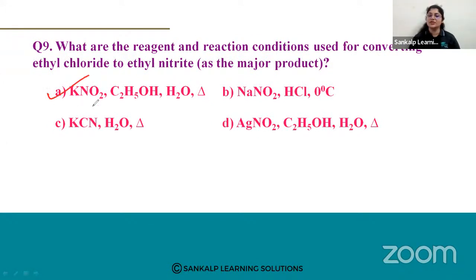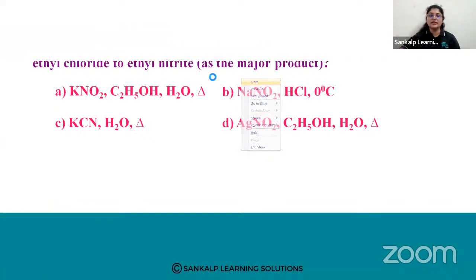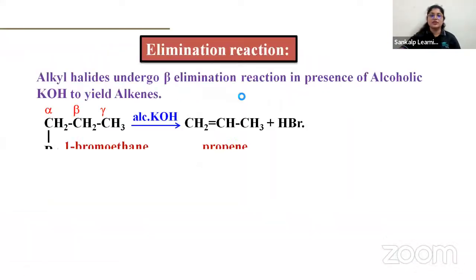In option A. So when converting ethyl chloride to ethyl nitrite, you use these reaction conditions. Potassium nitrite converts ethyl chloride into ethyl nitrite. So option A is the right answer. You have to understand the reagent charts. If you don't understand that, it will be very difficult.